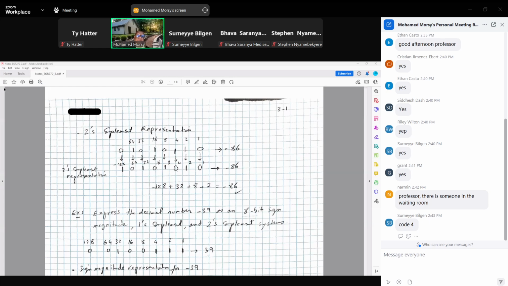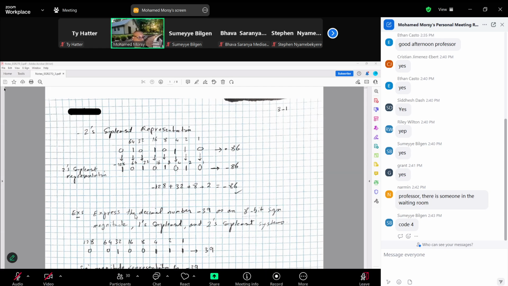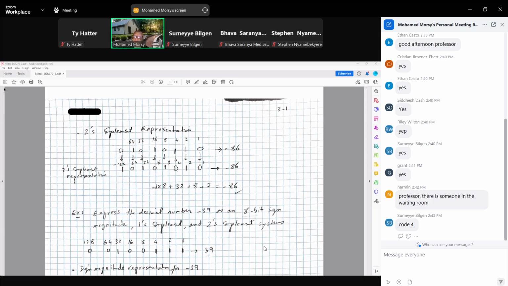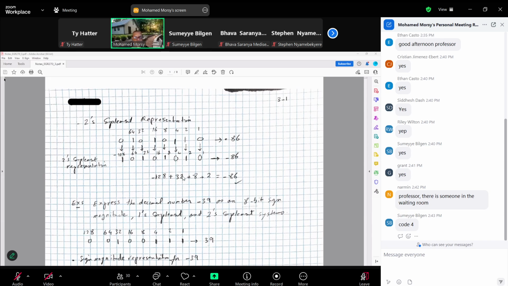Then we spoke about octal number, and we mentioned for octal number we use 8 symbols from 0 to 7. Then we spoke about hexadecimal number, and in hexadecimal number system, we use 16 symbols from 0 to 15, but up to 9, we use letter A for 10, B for 11, and so on.